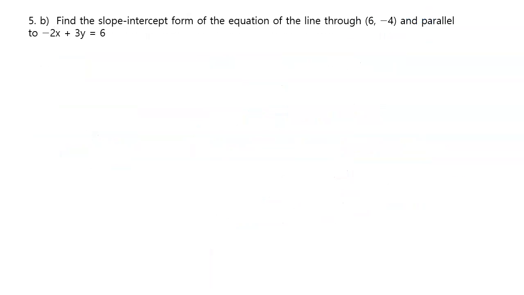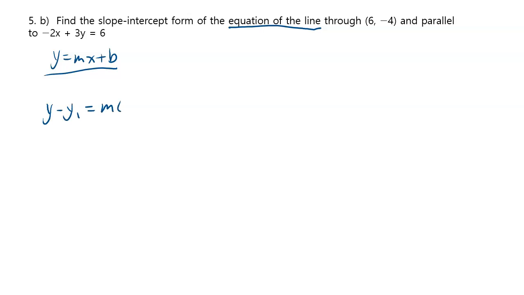Next was find the slope-intercept form. As I said just a moment ago, y equals mx plus b is the slope-intercept form of the equation of the line through (6, -4) and parallel to negative 2x plus 3y equals 6. First, in any case, when you're trying to find the equation of the line, you should always think about the point-slope form.